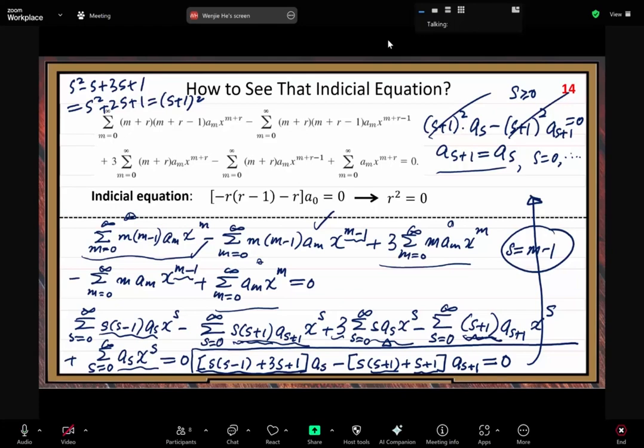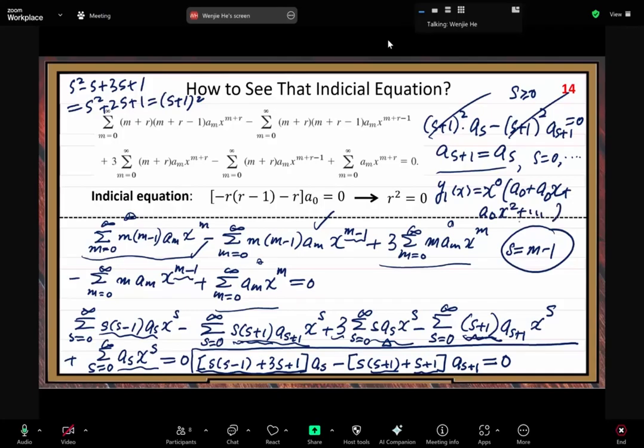Then remember, what is our y1? The y1 function equals x to the r, where r is 0, times the series A0 plus A1 x plus A2 x squared and so on. All the coefficients are equal to A0.